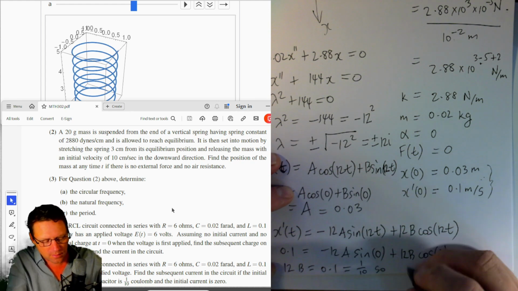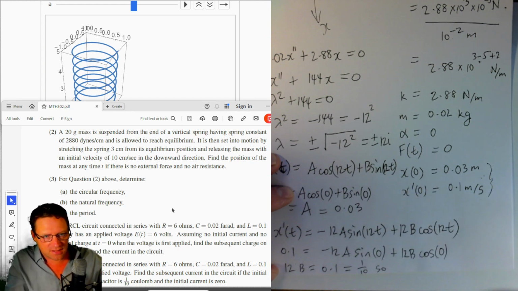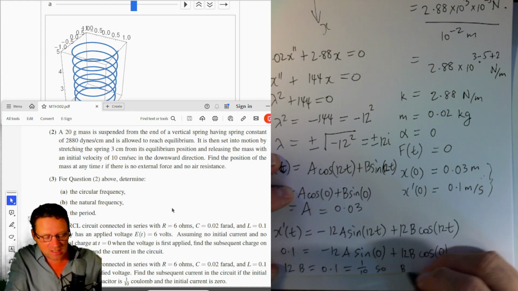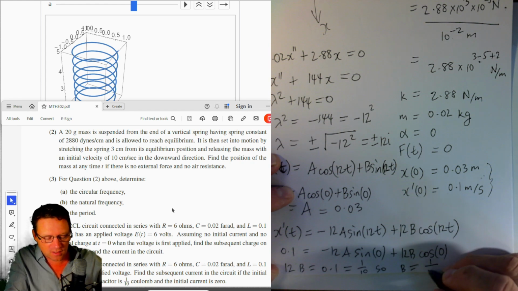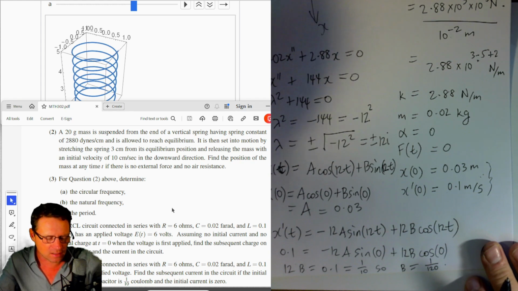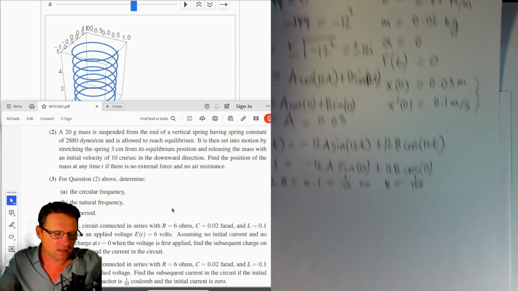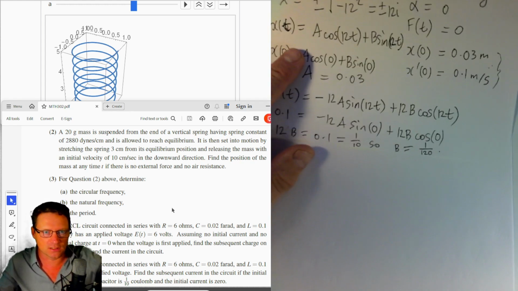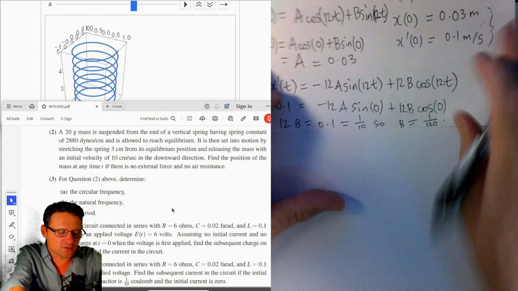And so, dividing throughout by 12, we have b equals 1 over 12 times 10, which is 1 over 120. Right, so with this, we now have a and b. So let's sub that in and express our solution to this differential equation.